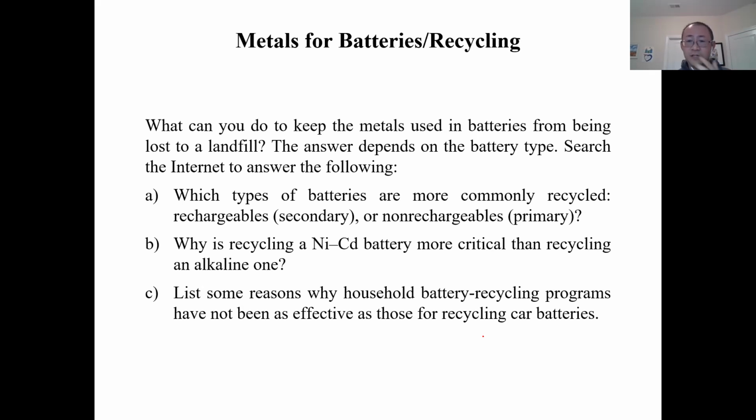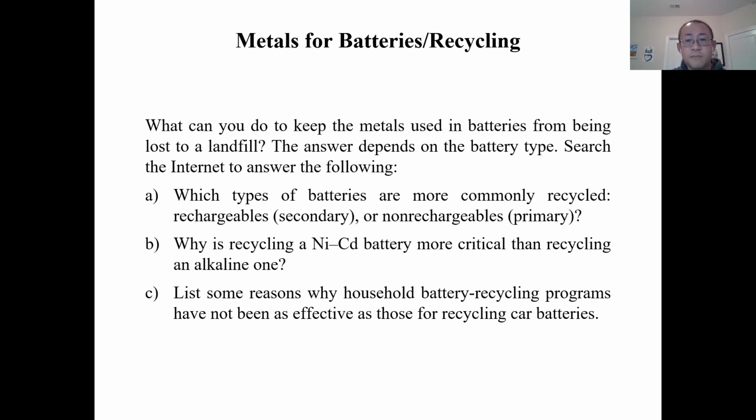All these batteries involve the use of metals. Metals are very, very important for battery manufacturing. Because of that, we're dealing not only with recycling issues, but also with whether the cost of harvesting or manufacturing these metals is going to increase or decrease, and we're going to face manufacturing problems as well.